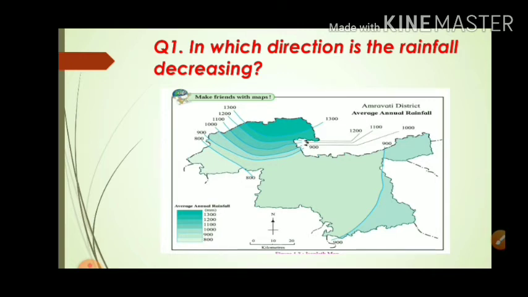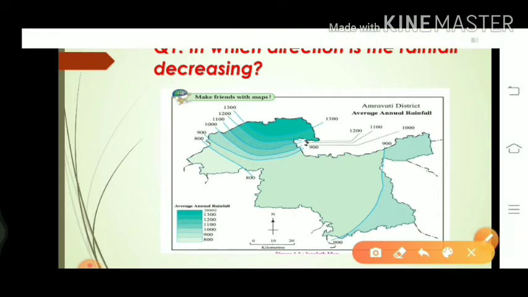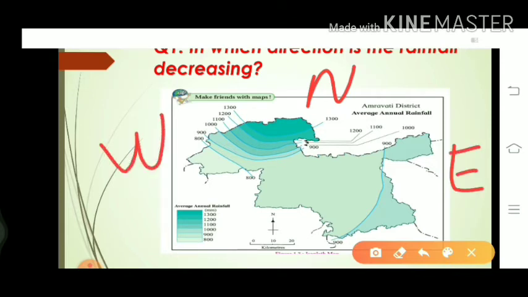Before that, we have to understand the directions of this map. Upside is the northern side, this is the eastern side, this is the western side, and this is the southern side of this map. When we observe this map with the help of these directions, we can easily give the answer of this question.